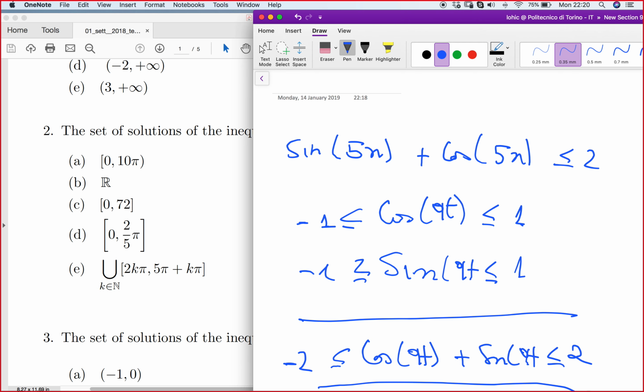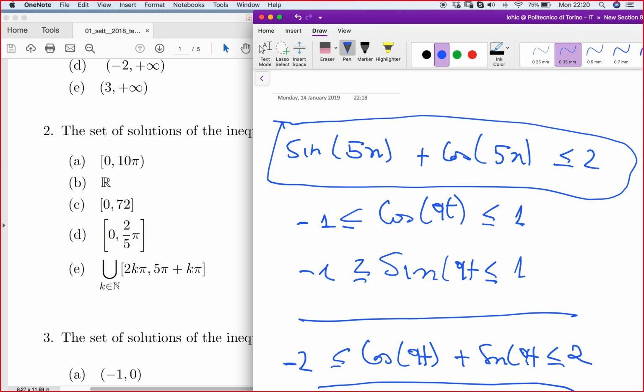So coming back to this inequality, whatever the value of x I take, this will always hold. Is that clear? Whatever x belonging to R I take, if I do the sine of an angle plus the cosine of that angle, the result will always be smaller than 2.